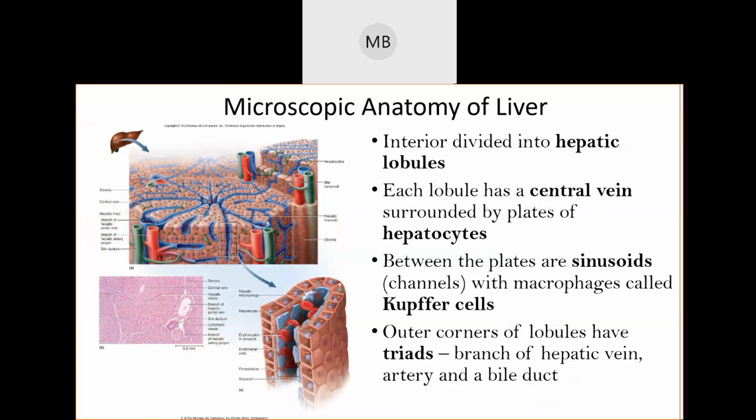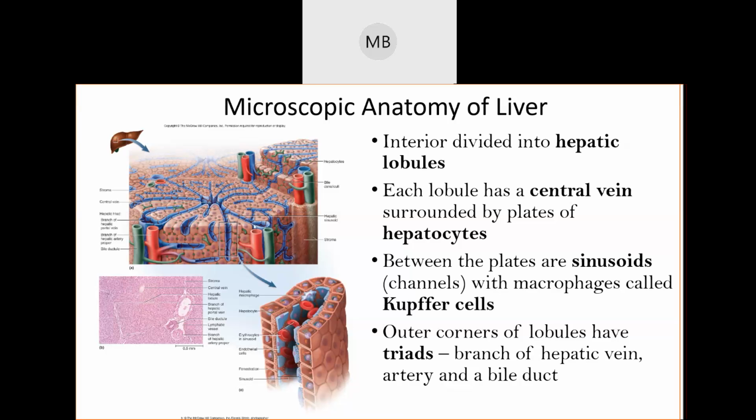So the way your liver works is the interior of your liver is divided up into little lobes called lobules, right? They are hepatic lobules. Each and every lobule has a vein going down the center of it called a central vein. And that is going to be surrounded by cells called hepatocytes.